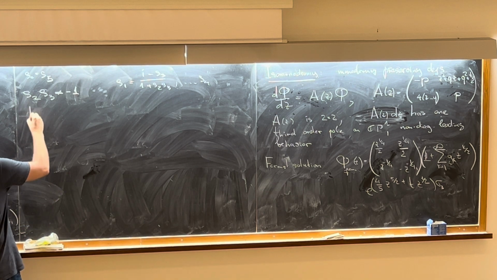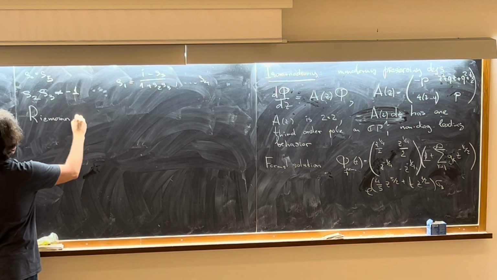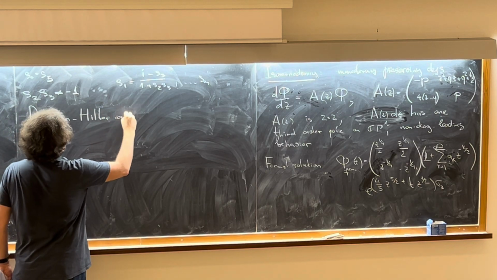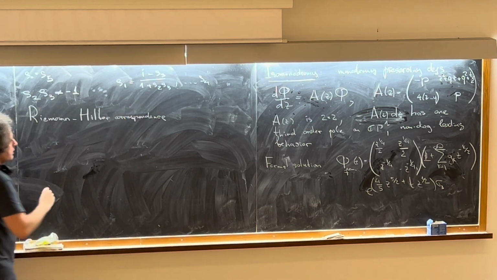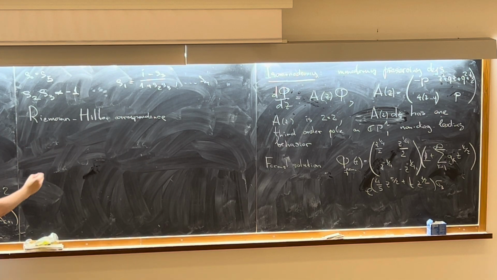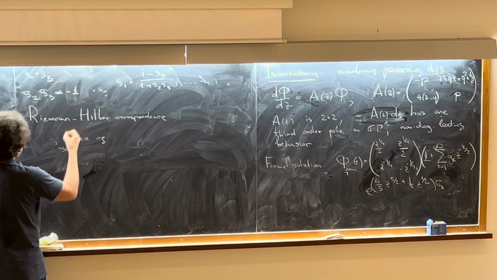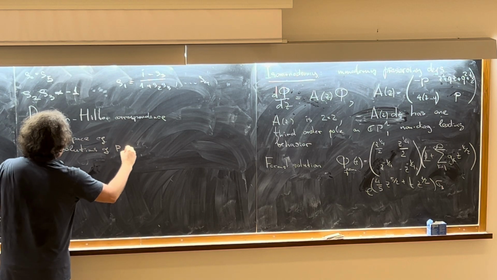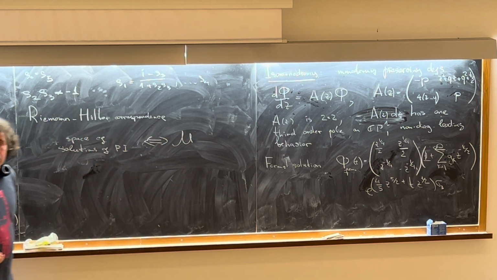And so ultimately, I can write what we really need from all of this. So we have this Riemann-Hilbert correspondence, which is a map between the space of solutions of P1 and this space M of monodromy data that I have just introduced.